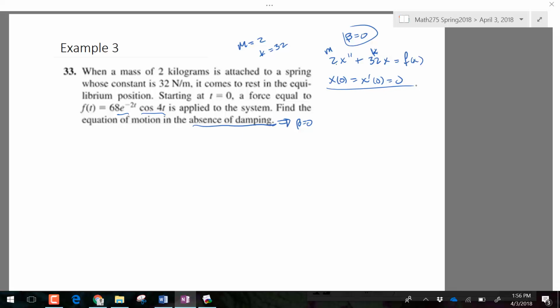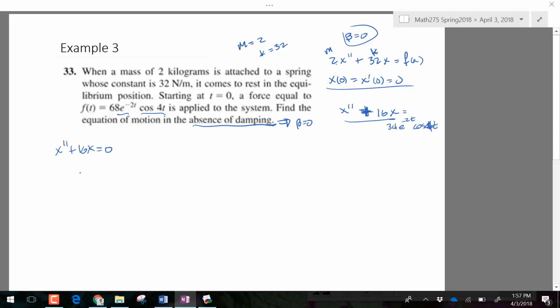All right. So remember how to solve a non-homogeneous equation. We first need to solve for the homogeneous portion. x double prime plus 16x is equal to, if you divide by 2, a new f function: 68 divided by 2, 34. So the homogeneous part is x double prime plus 16x equals 0.